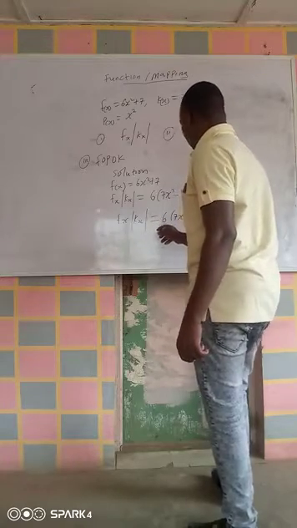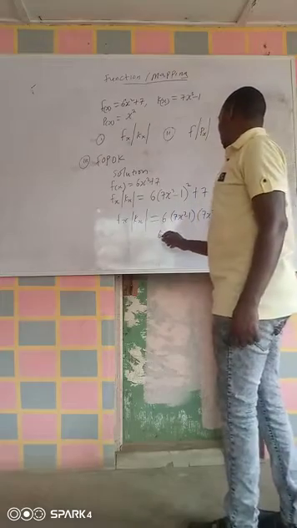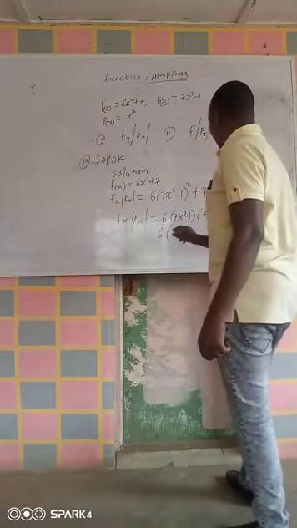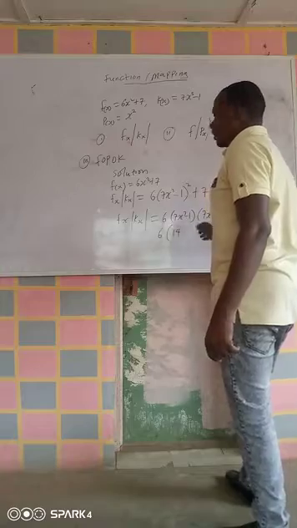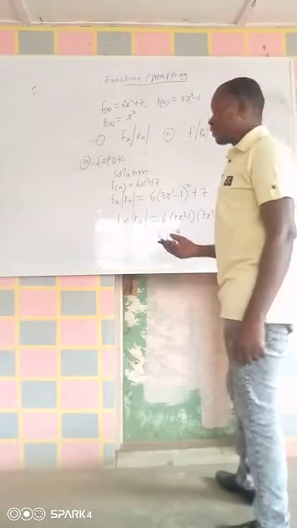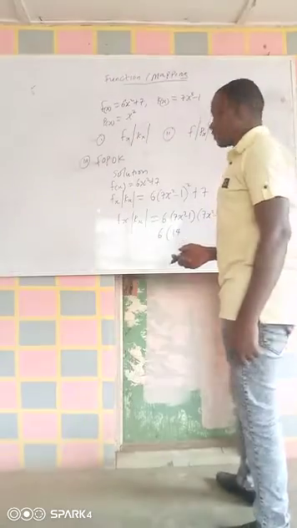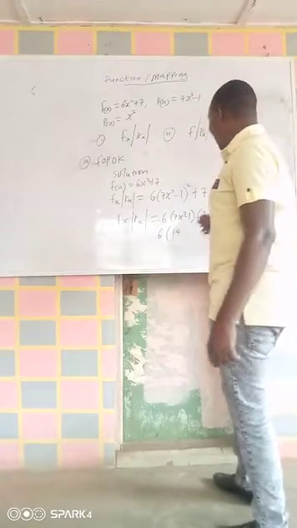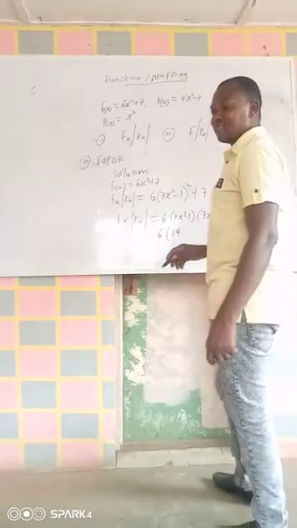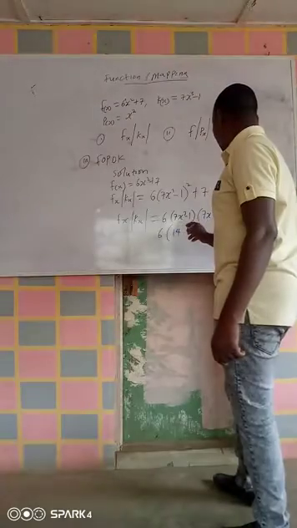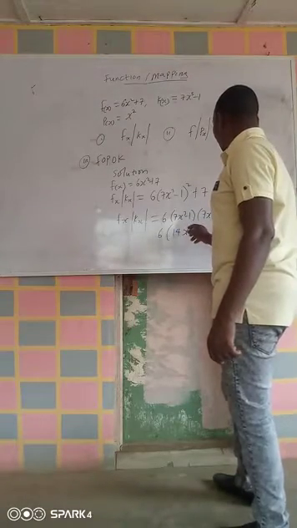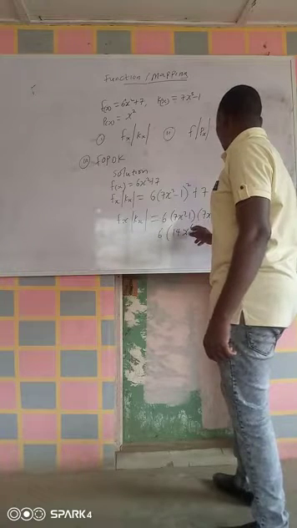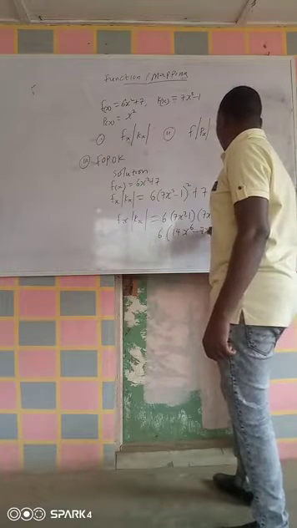So that will give us 6 into 7 times 7, that's 14. s cubed times s cubed is going to give us s to the power 6, because when you are multiplying, you add the power. That is 9. According to the law of indices, you have to add it. So that means you have s raised to 6. So 7s cubed times minus 1, we have minus 7s cubed.